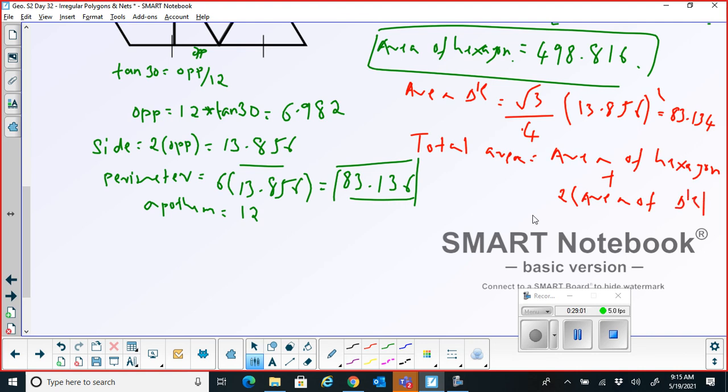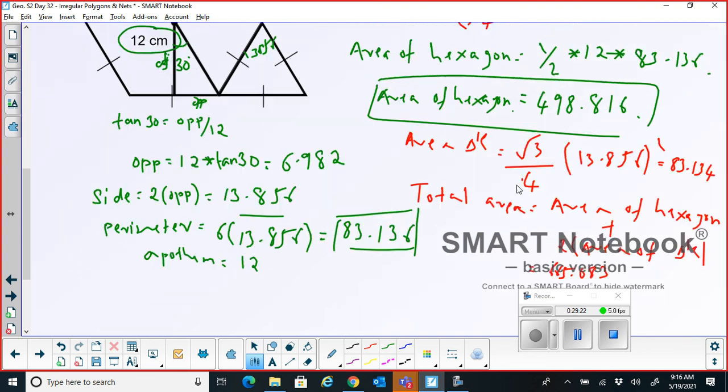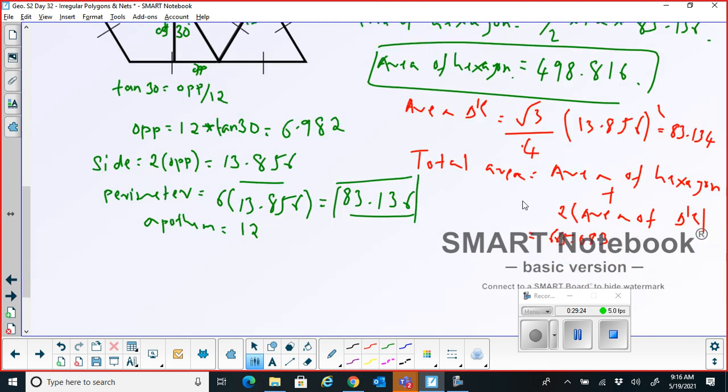Okay, if you just substitute the numbers, the final answer you will get is 665.083. There might be a few decimal errors if we have rounded at different places, but you should get 665.08 at least. And the units were centimeters, so centimeter square.